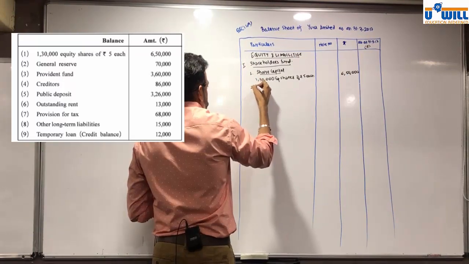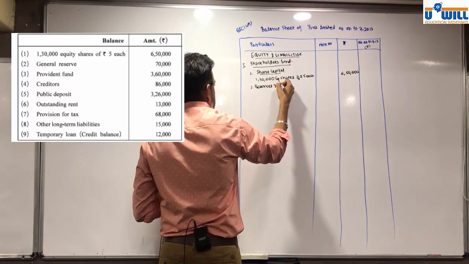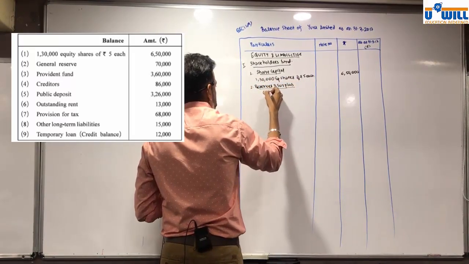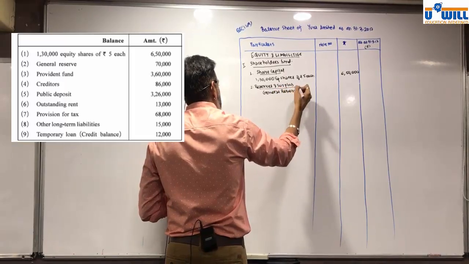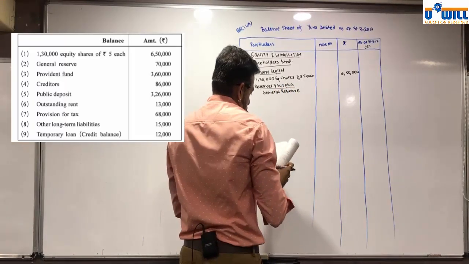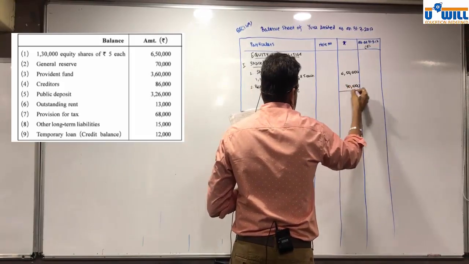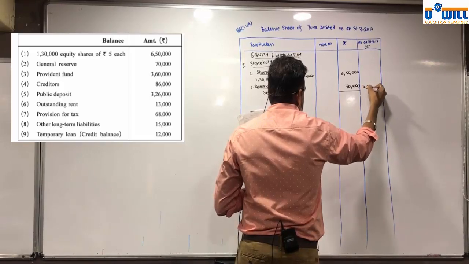Second, reserves and surplus. General reserve, 70,000. Do the total. 7,20,000.